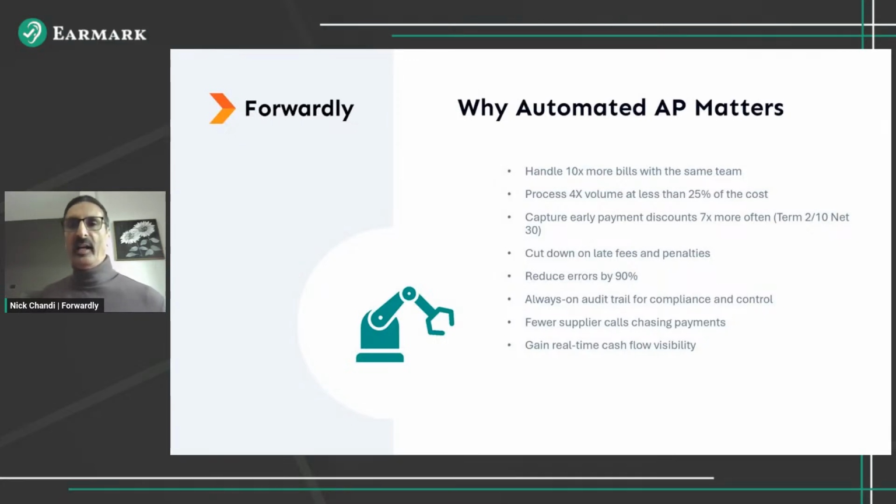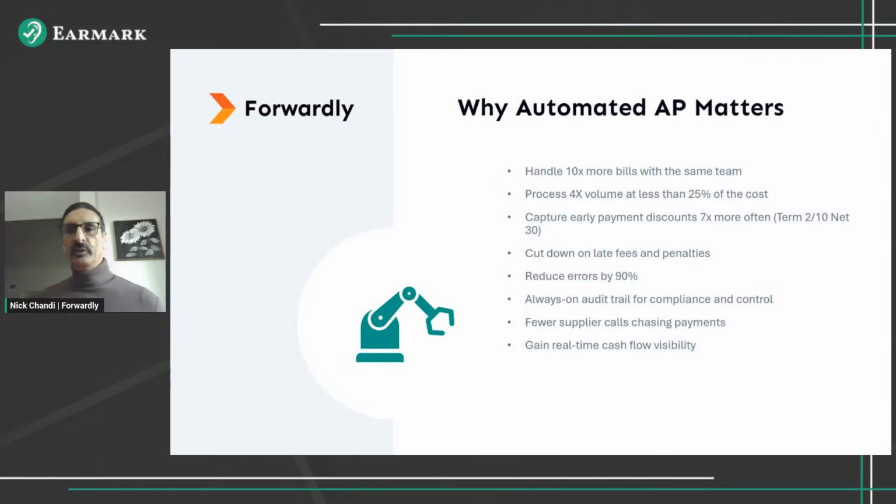Once you have an automated platform, you will be able to process more bills and handle multiple clients at a fraction of the cost. There will be fewer errors like duplicate bill payments, because most digital payment platforms, including ours, flag duplicate bills. We capture the data accurately using AI.